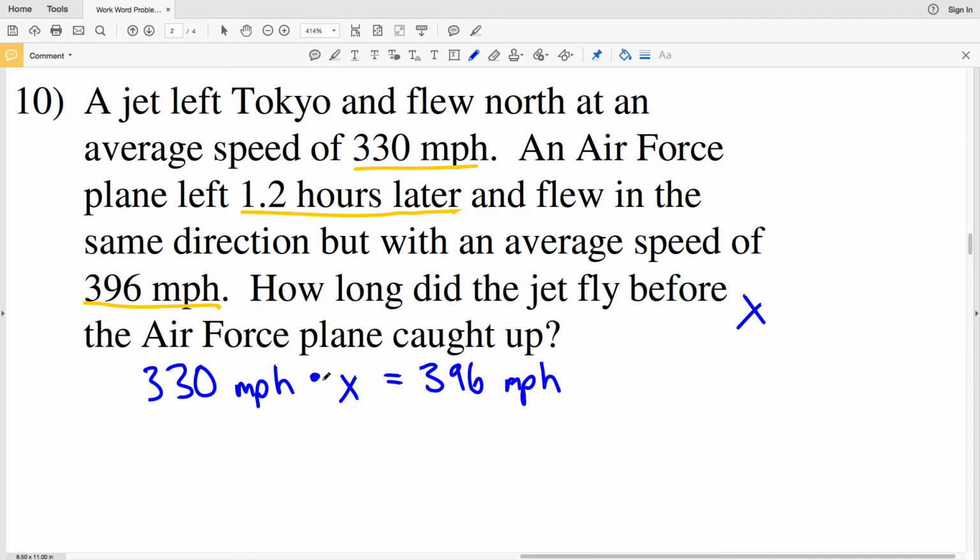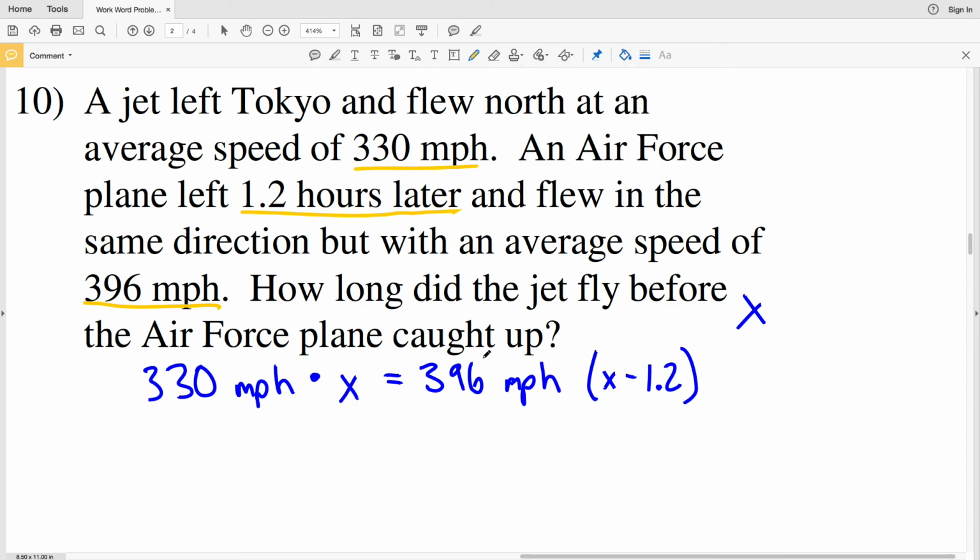If x is the time that it took the jet to fly total before the plane caught up, leaving 1.2 hours later, the Air Force plane flew a total of x minus 1.2 hours.